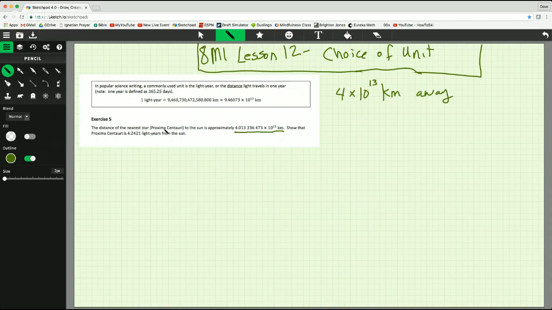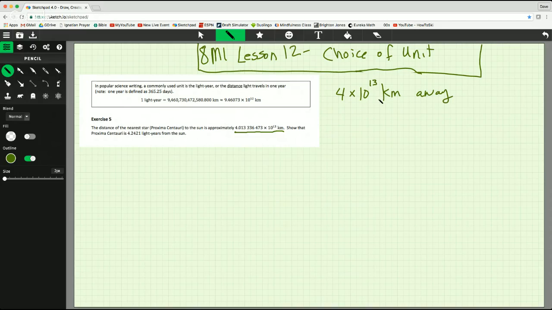I think Proxima means near in Latin, and Centauri means star. I don't really speak Latin. At any rate, it's a long way away, but I don't really know how far that is. It's hard for me to think about how many kilometers that is. Is that how far it is around the Earth? I don't know.